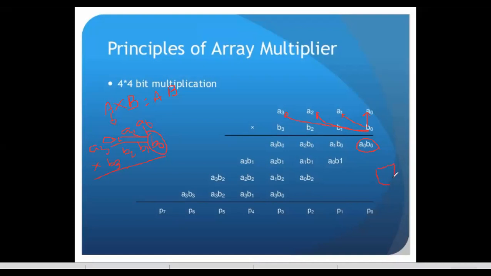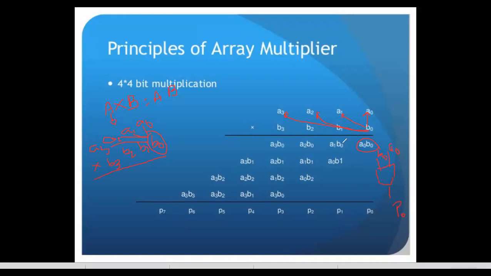The product output of this is A0 and B0. Directly I can connect A0 as well as B0 to the AND gate. The product term is P0, that is, the Y0 output.